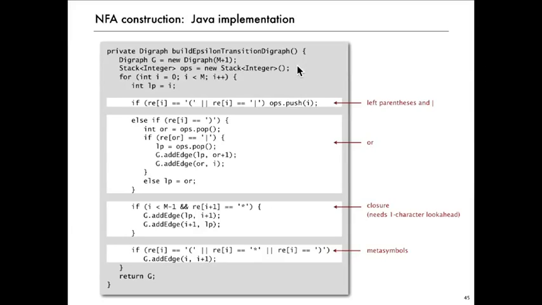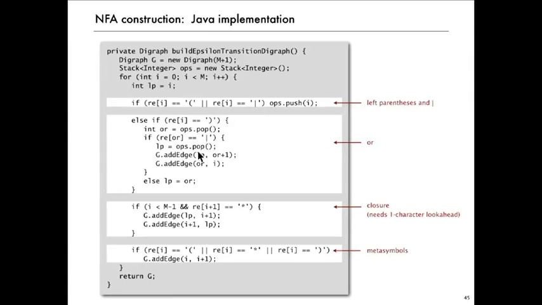And then we maintain a stack, which is just integers. And for every character in a regular expression, we do the processing that we just described. If it's a left parenthesis or an or, we just put it onto the stack, and that's it. If it's a right parenthesis, then we pop.